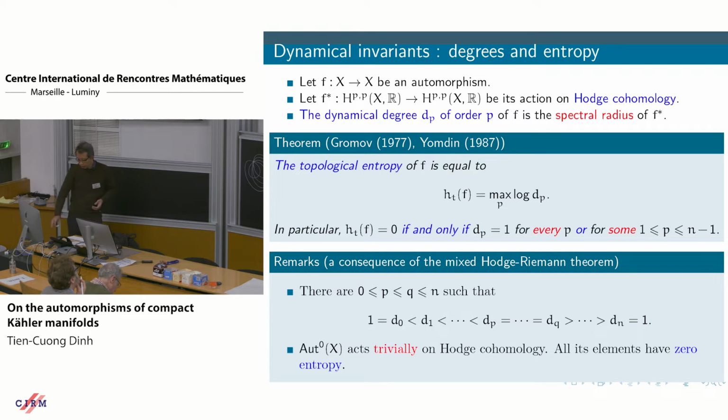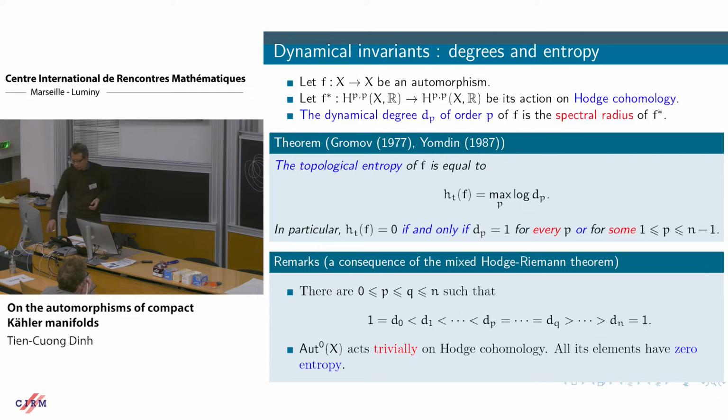A deeper remark is that this sequence of dynamical degrees is first increasing, and then it might be stable sometime, and then decreasing. This is due to some mixed version of the Hodge-Riemann theorem that I'm going to talk about later. And then you see here that the topological entropy is just equal to log d_q, according to this notation.